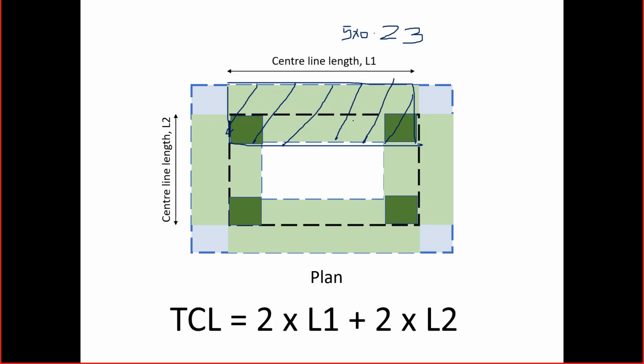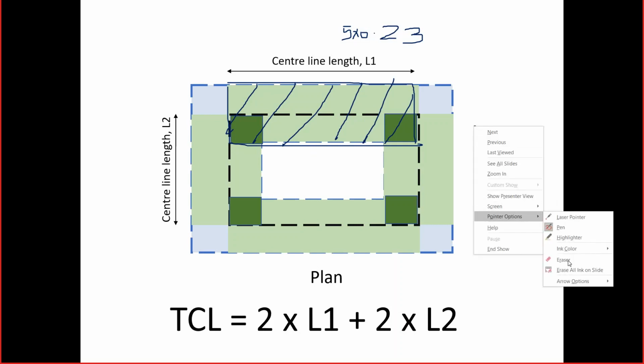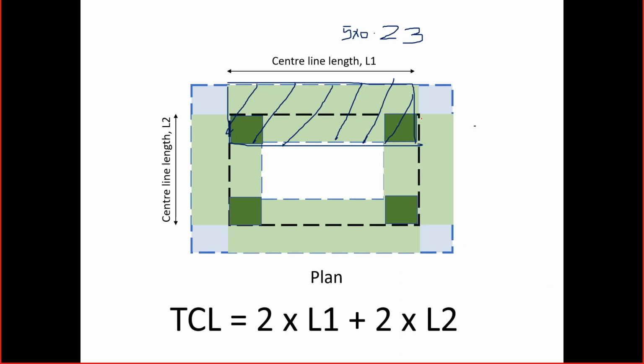Though it is a centerline method, to understand it, I'm saying short wall. So the short wall is this one. Now the centerline length is this one, L2. From here to here is the centerline length, multiplied by the width will give me this area, right? This hatched portion, I've got the area.